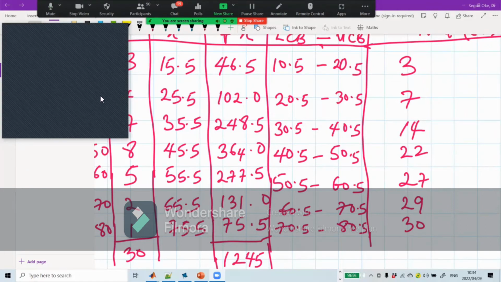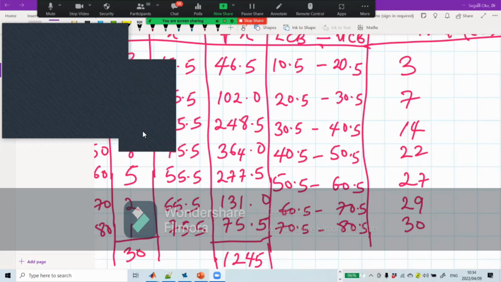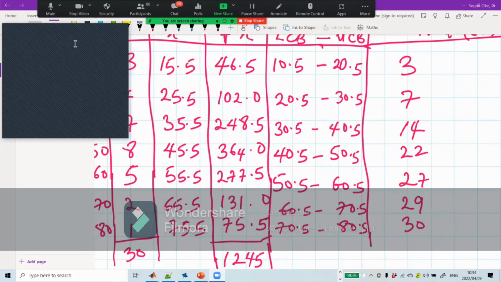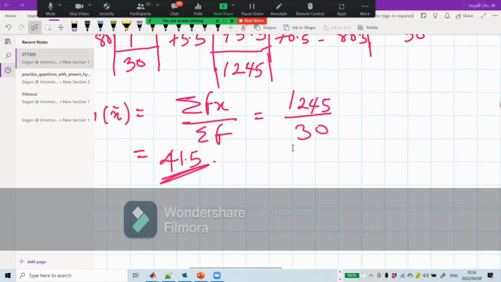Gift, yes? Yes, sir. The total frequency is 30, and our median class will be divided by 2. Okay, the median class is supposed to be the total frequency divided by 2, right?